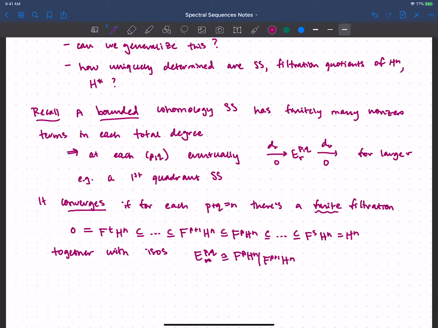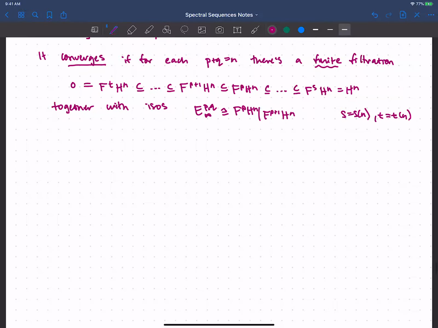Okay? And here, of course, S and T may depend on n, so those could vary. Sometimes people write, s is s of n, t is t of n. So I'm not assuming that they all have the same length filtration, but I just need them all to be finite.